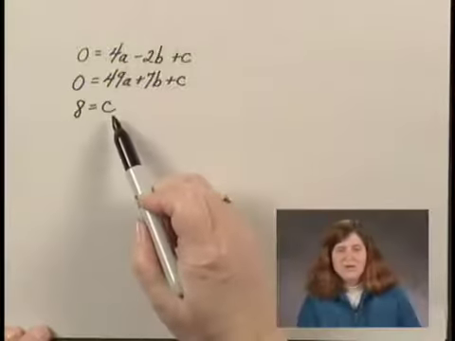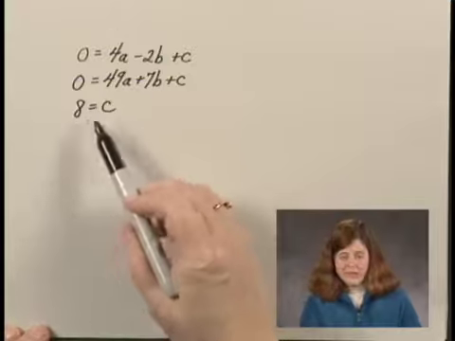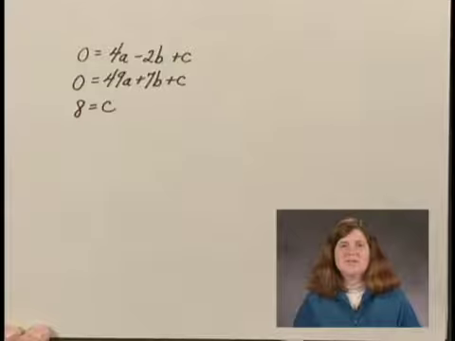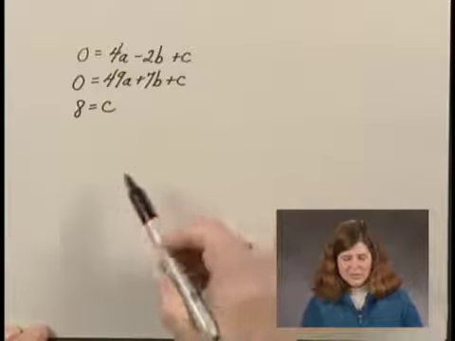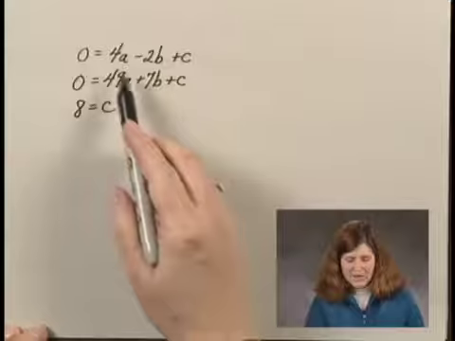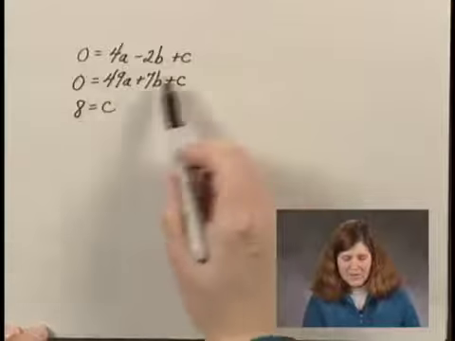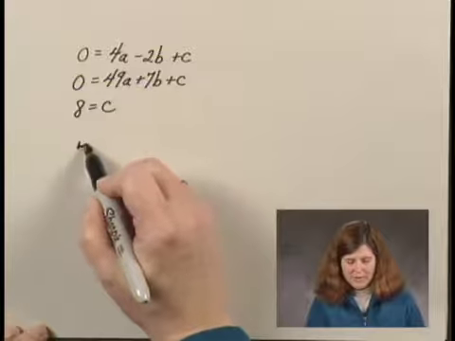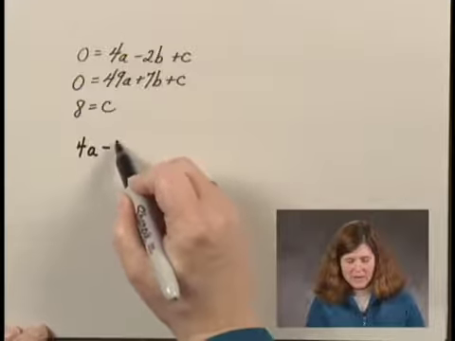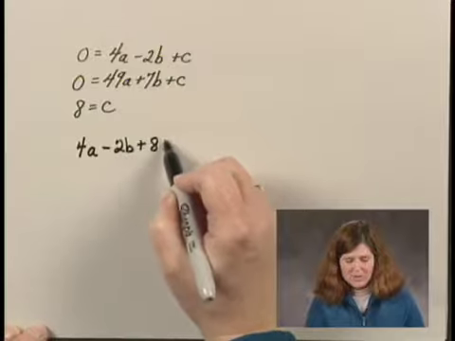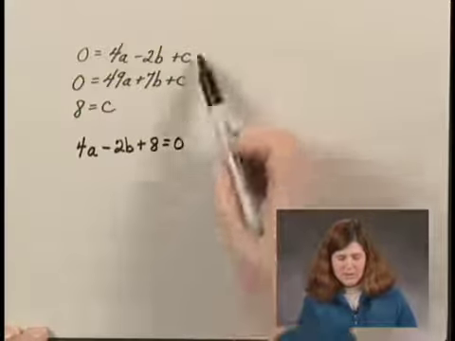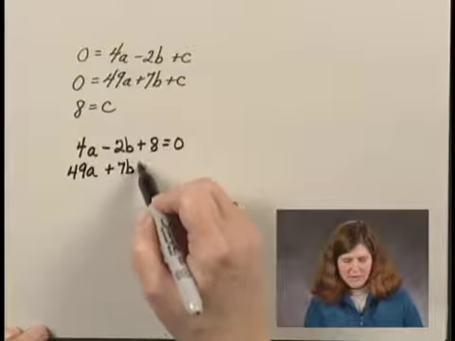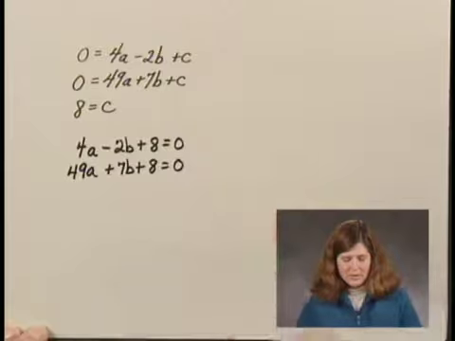Since I know from the third equation that c is 8, I can immediately substitute 8 for c, and then I'll only have to solve a system of 2 equations in 2 unknowns. So I'm going to write this with the 0, the equal sign, on the other side, to make it a little bit more direct: 4a - 2b + 8 = 0, and 49a + 7b + 8 = 0.